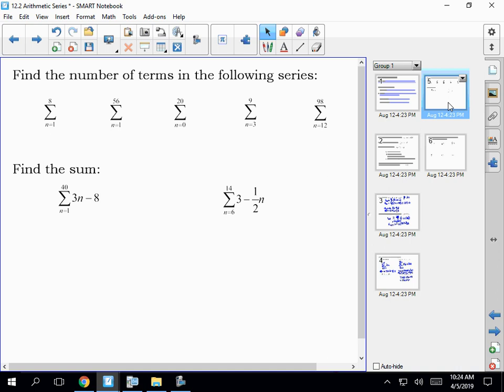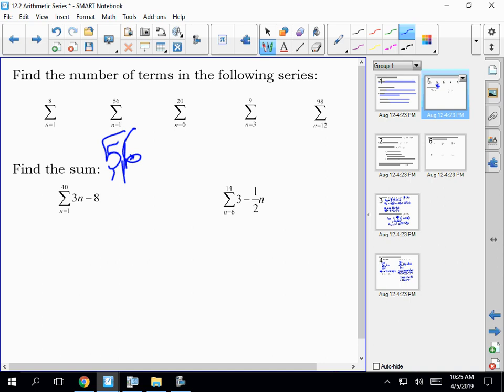All right, see if you remember what we talked about earlier here. This second one on here, the n equals 1 to 56. How many terms do we have here? 57. No? 56, yeah. There it is. 56. What about here? What's this going to be?